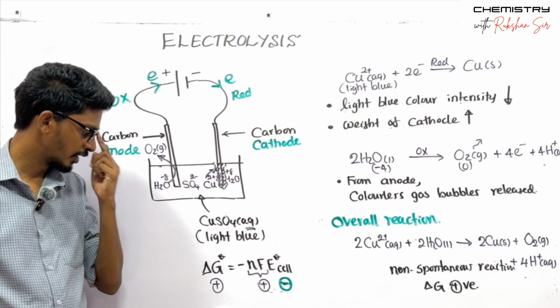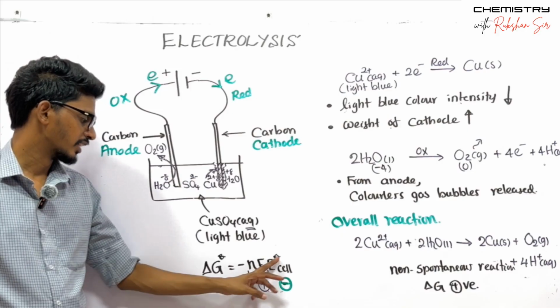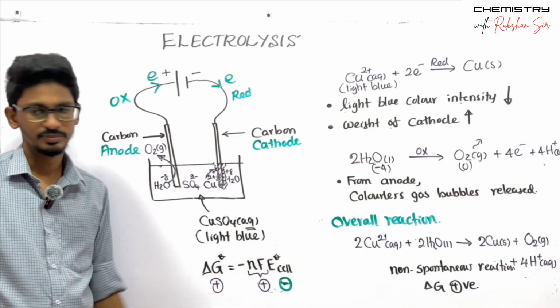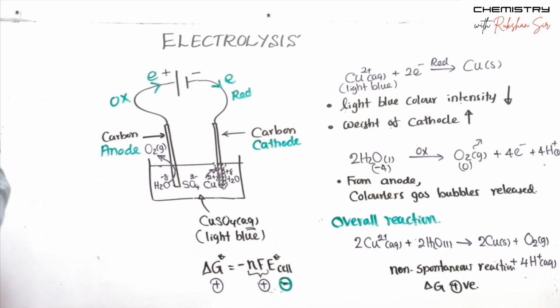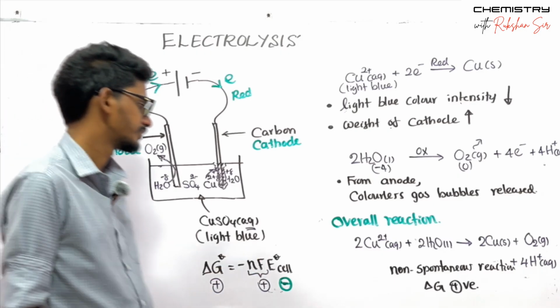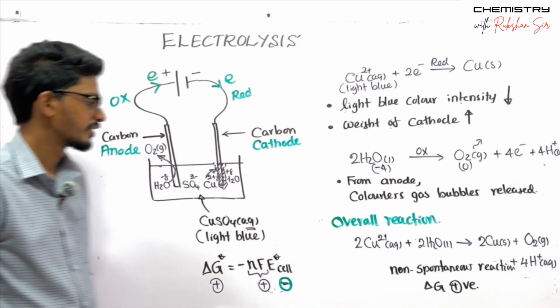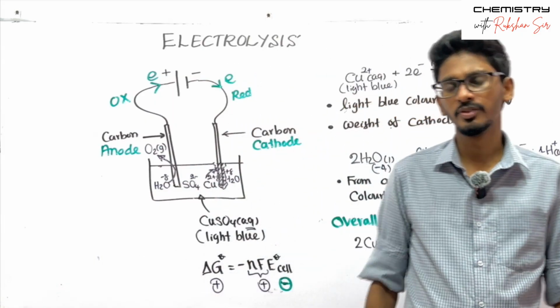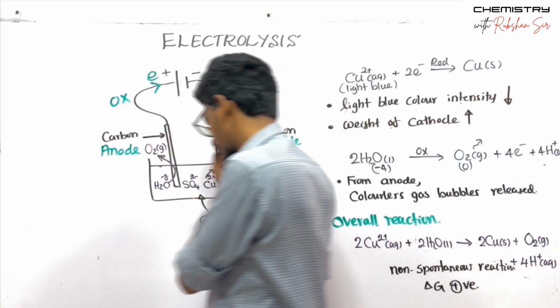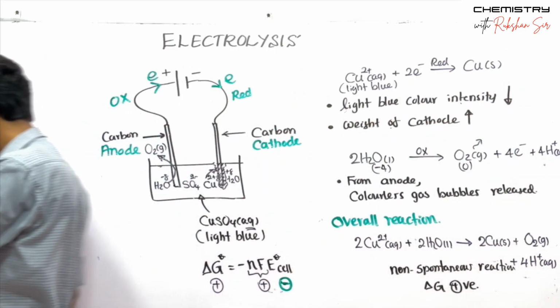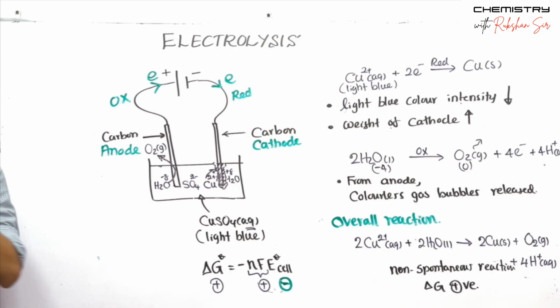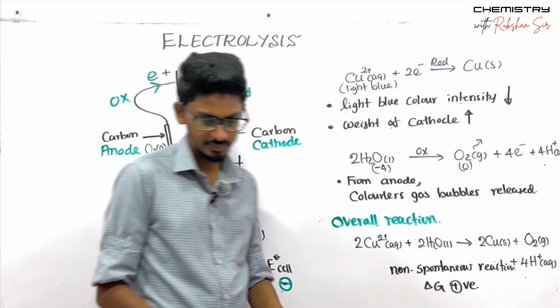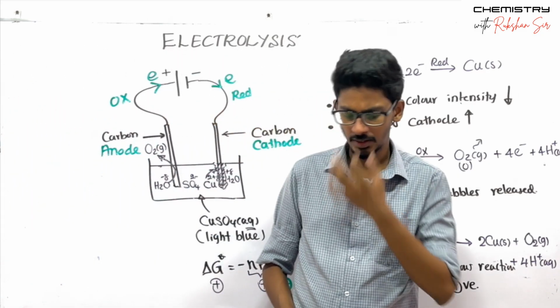So to give a positive value for delta G, the E naught cell for the electrolysis process should be negative. So electrolysis processes come up with negative E naught cell values. Non-spontaneous reactions mean delta G positive values and E naught cell negative values. So for all the electrolytic cell processes, the E naught cell values are negative. That is also mentioned in your note.